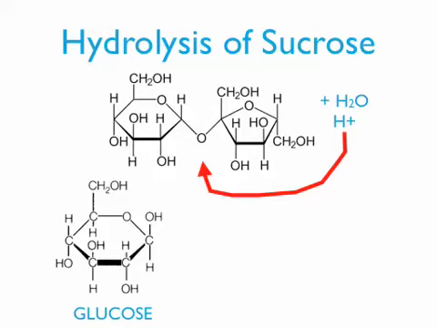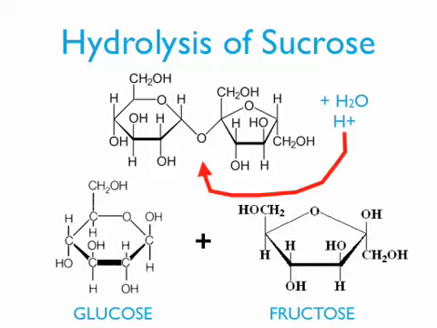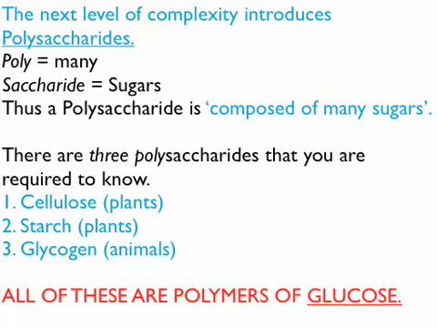Thus, glucose is formed as OH is added back to where the carbonyl-carbon bond hangs down, and we have fructose, as a similar thing happens with the hydrogen and the oxygen interacting with fructose, and the acid is the catalyst that allows this to happen. So if I reintroduce water to a disaccharide in the presence of a catalyst, whether it's an enzyme or acid, I can reform the parent monosaccharides by hydrating or hydrolyzing the disaccharide.